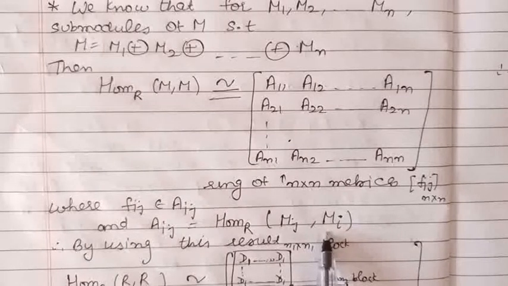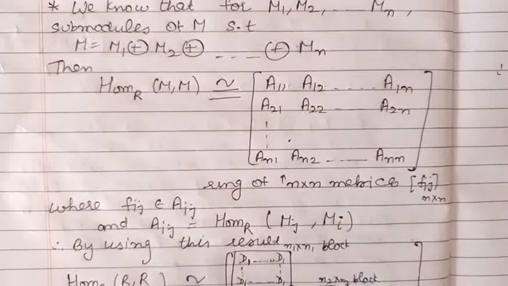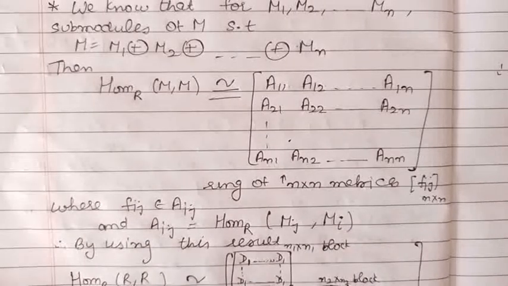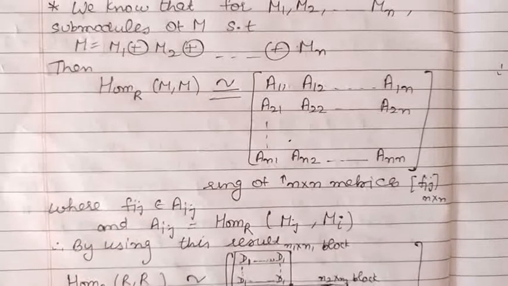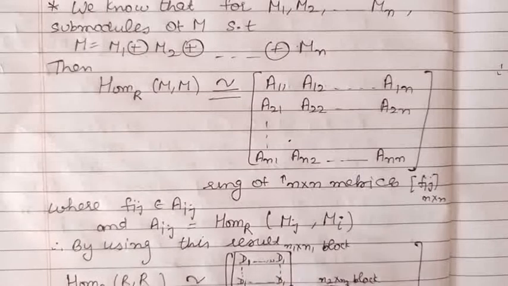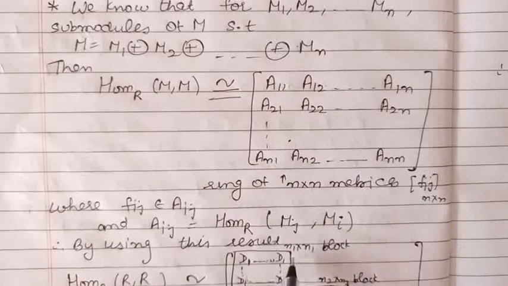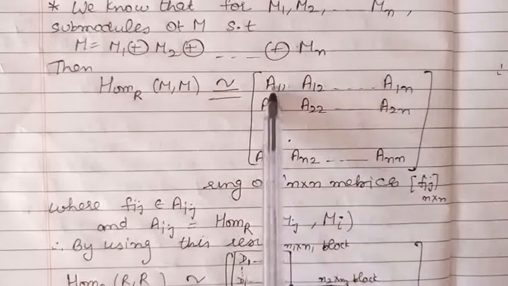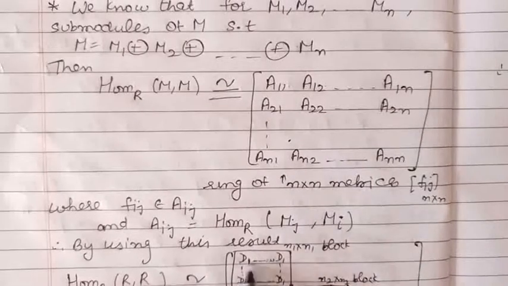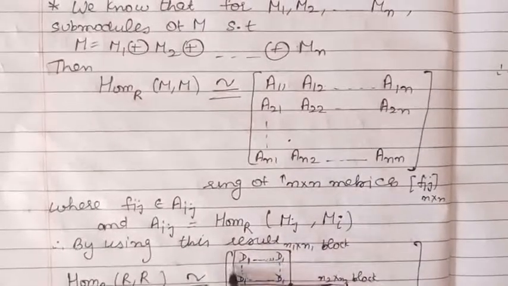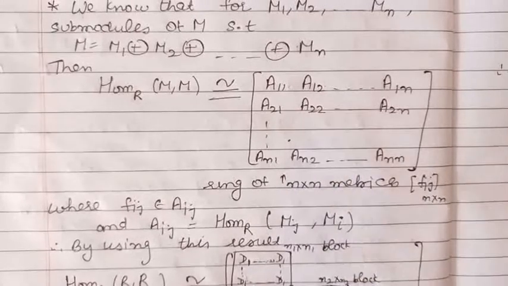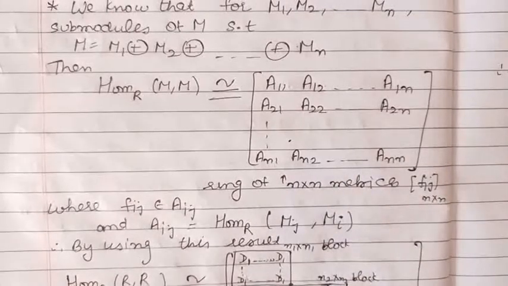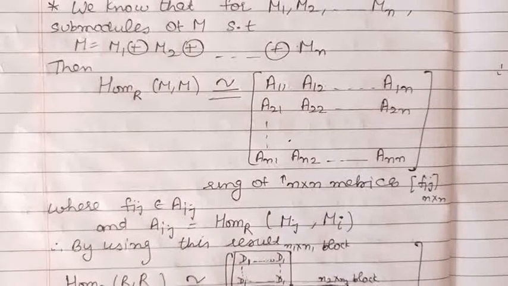Using this result, we can write the ring of endomorphisms of R as isomorphic to the matrix ring in which the first block, of order n1, A11, can be written by writing D1, D1, D1. This is a block of order n1. The second, A22, will be a block of order n2, which we have written by D2, D2.